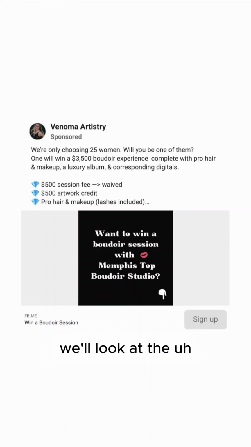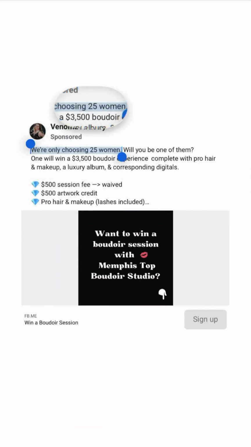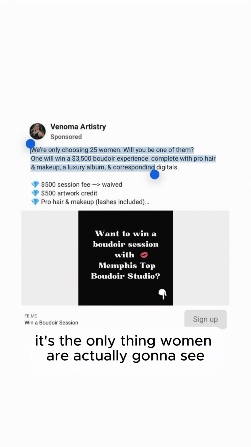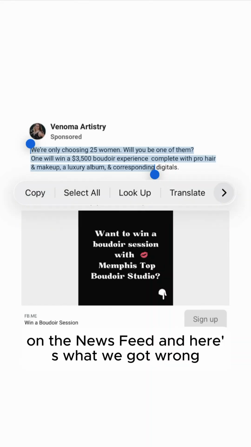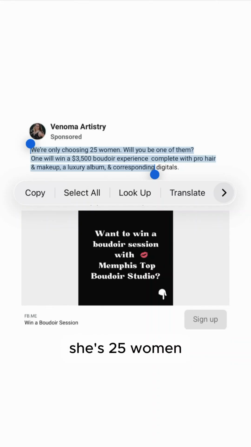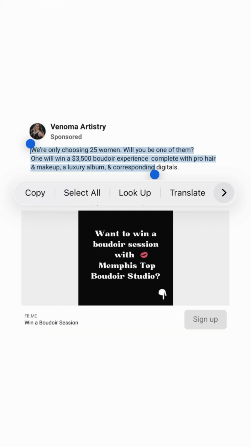Finally, we'll look at the see more headline. First 2 3/4 lines, Facebook newsfeed mobile. It's the only thing women are actually going to see on the newsfeed. And here's what we got. We're only choosing 25 women. All right, so this is a lack of context mistake.